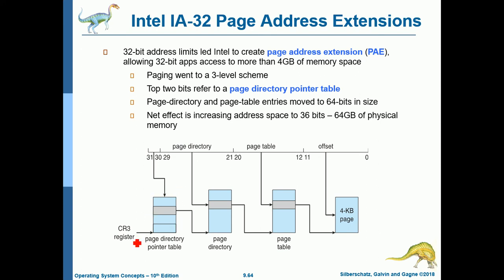Again, the CR3 register points to the page directory pointer table, and this points to the page directory, and then the page directory points to the page table. So these bits are for the page table, and of course we have a 4 kilobyte page, combining the offset and the values of the page directory and the values in the page table.